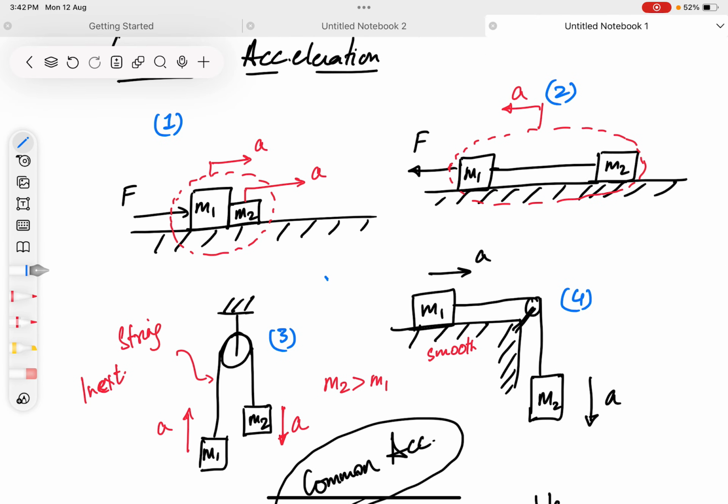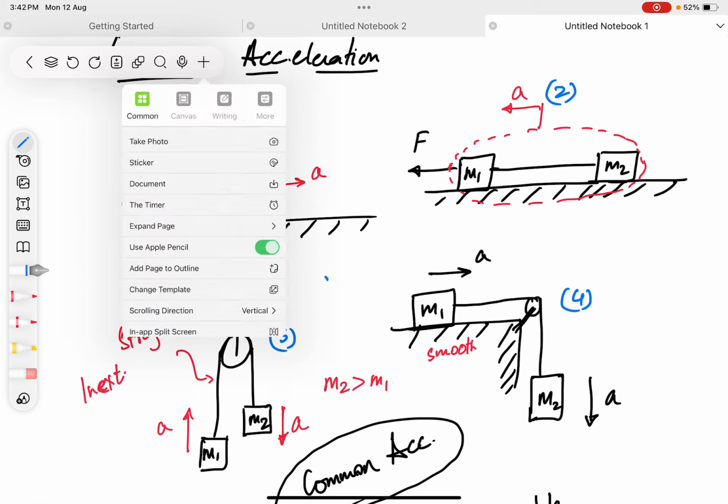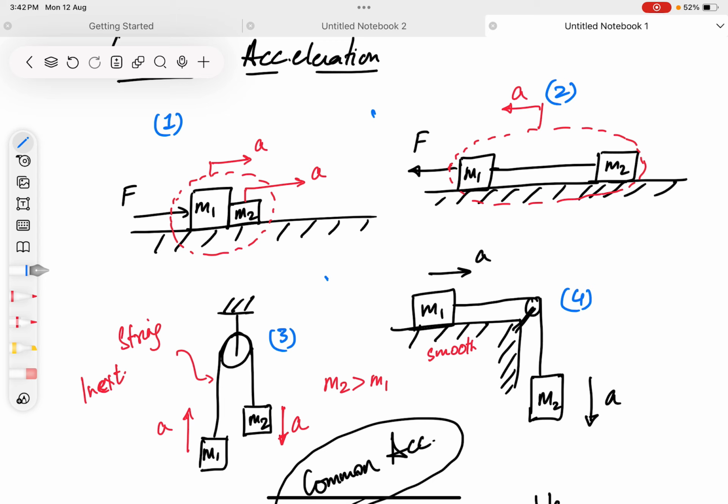So for the first one over here, what is the net force which is making the system move? It is not exactly the net pulling force.